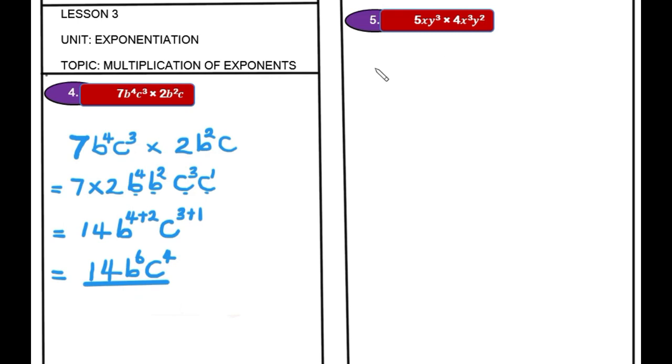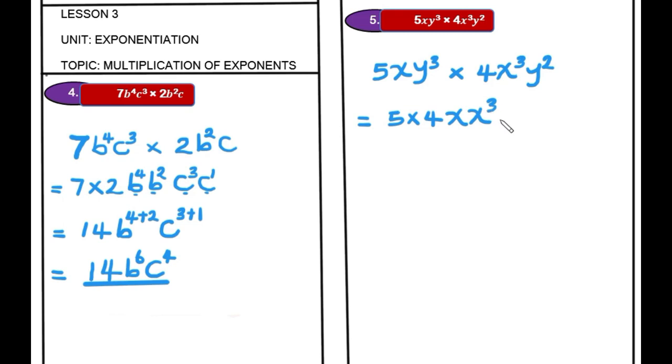In number 5, we have 5x y cubed times 4x cubed y squared. So let's first get 5 times 4, x and x cubed, y cubed, and y squared.